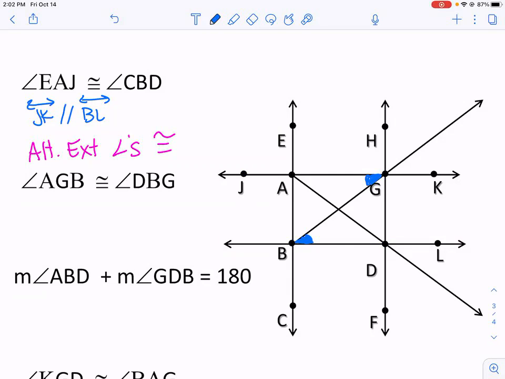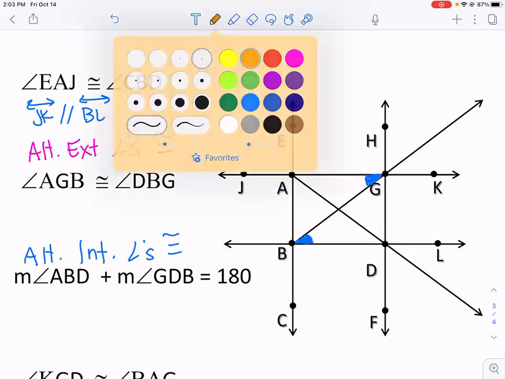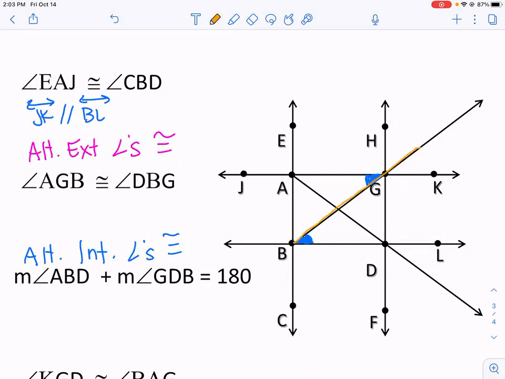First of all, what theorem are we going to use? These are alternate interior angles that are congruent. The transversal is whatever line is shared by the angles. Do you see how this orange line is a part of both angles?